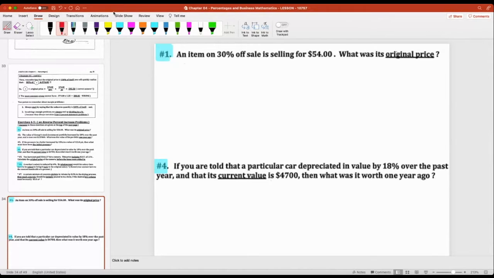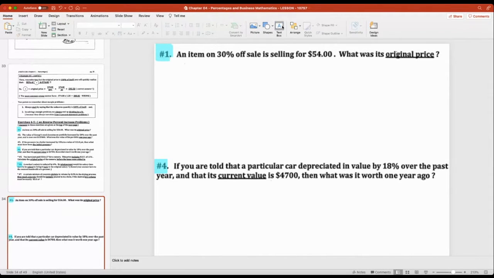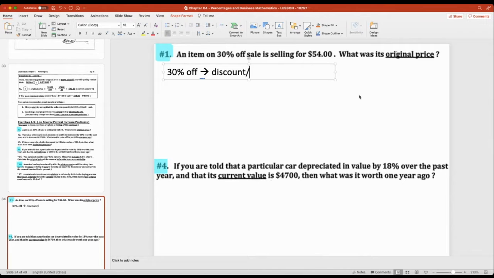Okay, so we're going to use, do you remember method 1 and method 2 last time? We're going to talk about that for a second. I want you to dig back to your thoughts about last class, and we're going to say that if you have 30% off, what does that mean? It's a discount or decrease of 30%.